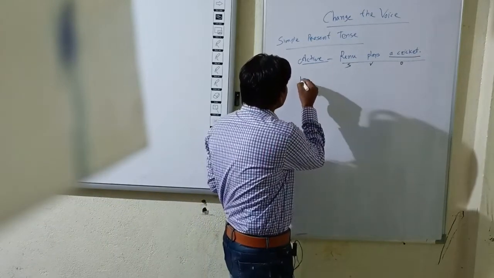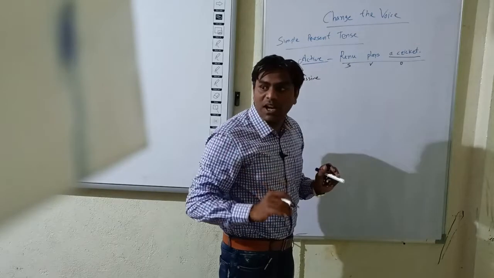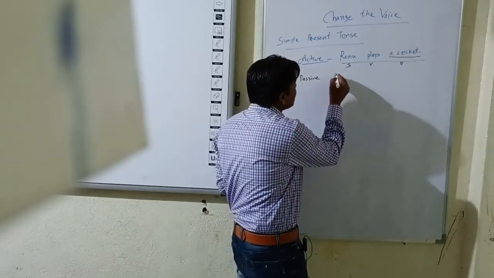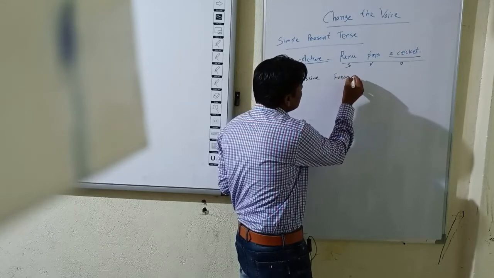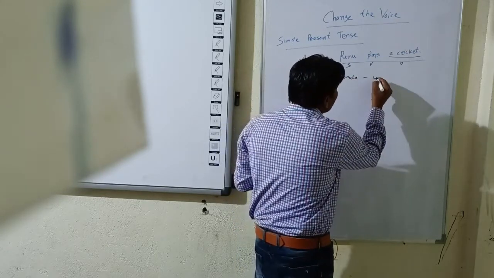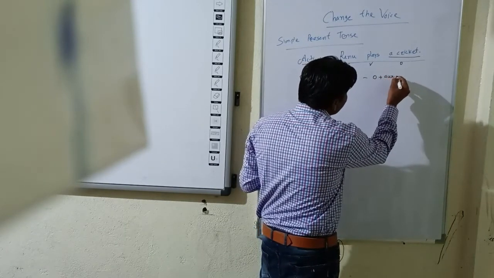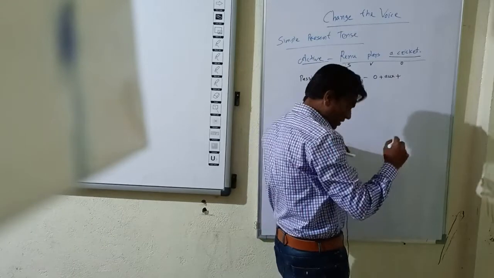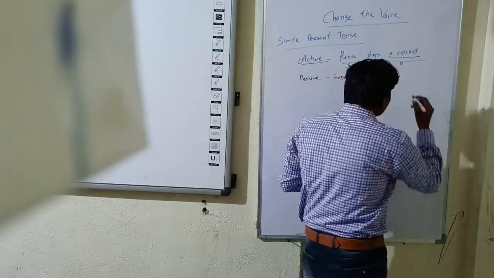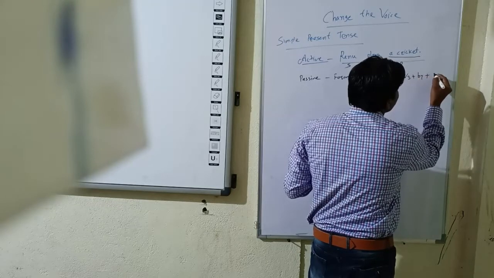So here is the passive formula. Formula of passive voice: object plus auxiliary verb plus V3 plus by plus subject.